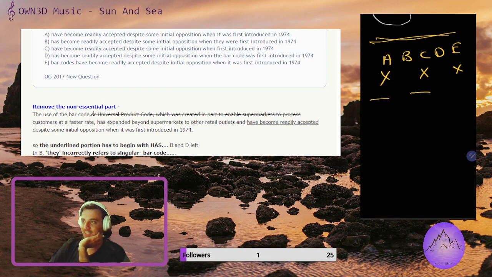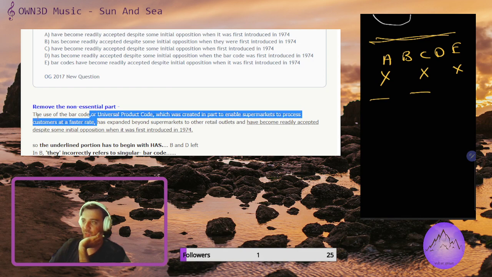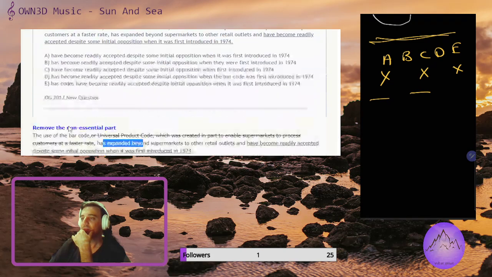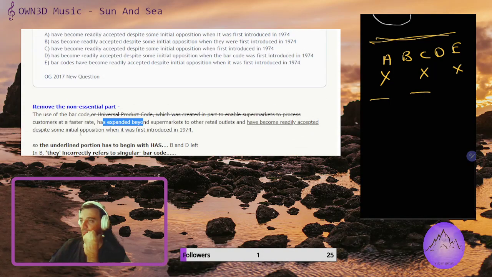Remove the non-essential part, same thing I did. Cut all of this out. The actual sentence is just the use has expanded. So the underlying portion has to begin with has. B and D left. Okay, well, they're ruling out E as well because of the fact that it starts with barcodes.